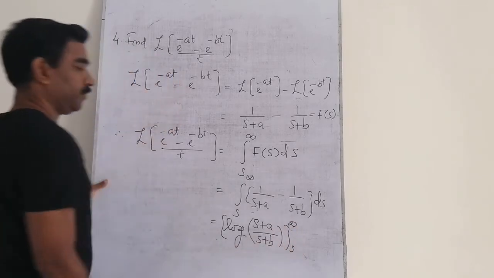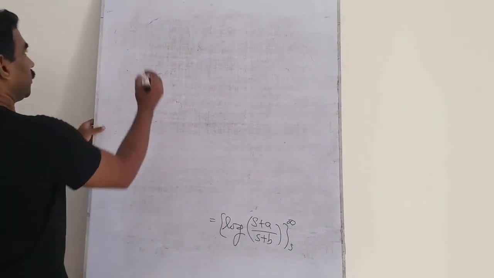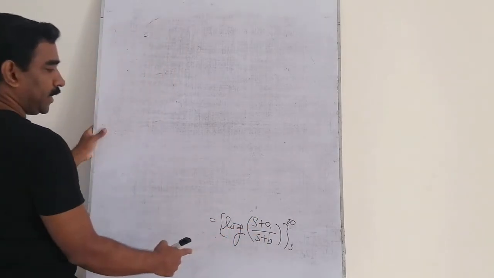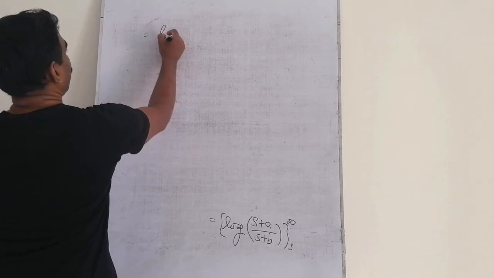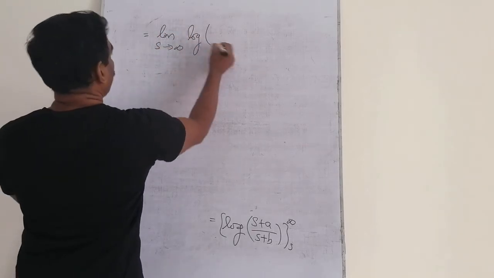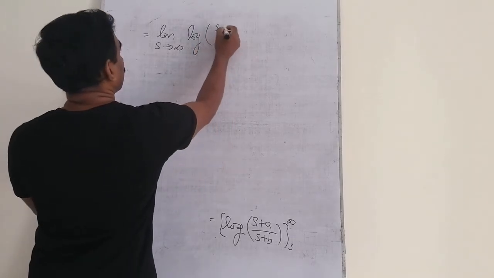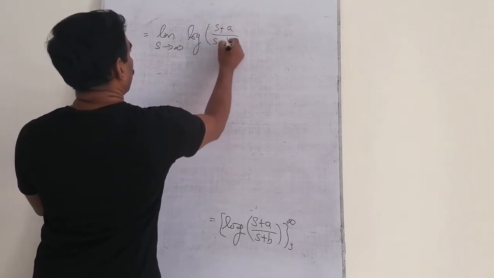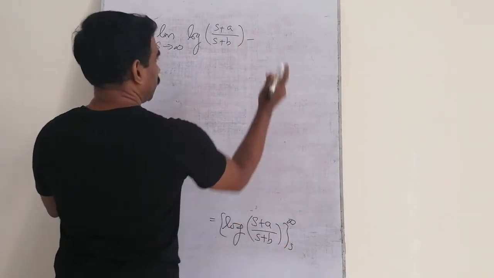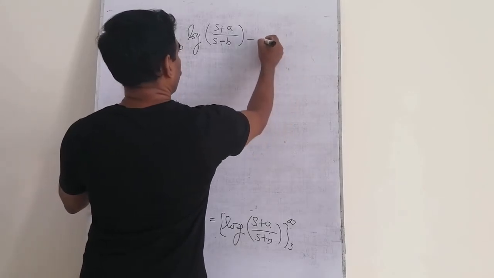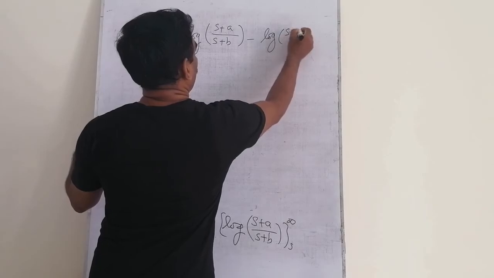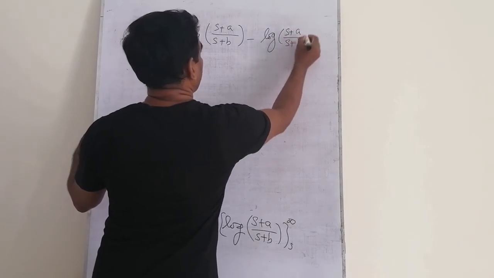Now evaluating this limit: in the upper limit the integration variable s goes to infinity. So the infinite limit can be evaluated as the limit as s tends to infinity of the logarithm of (s plus a) divided by (s plus b), minus, in the lower limit where the integration variable is s, log of (s plus a) divided by (s plus b).